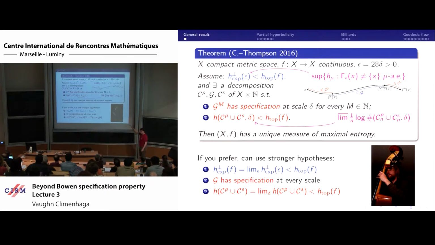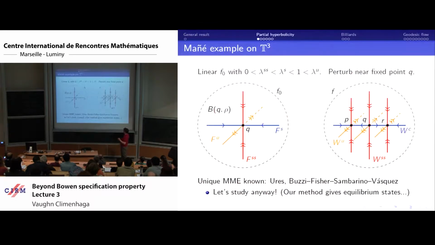Okay, so the point is that there is a scale-free version of this which will apply for the first 2 examples I give, which are to partial hyperbolicity and to billiards, but the version with a scale will be necessary for the 3rd example, which is geodesic flow and no conjugate points. So let's look at the examples.